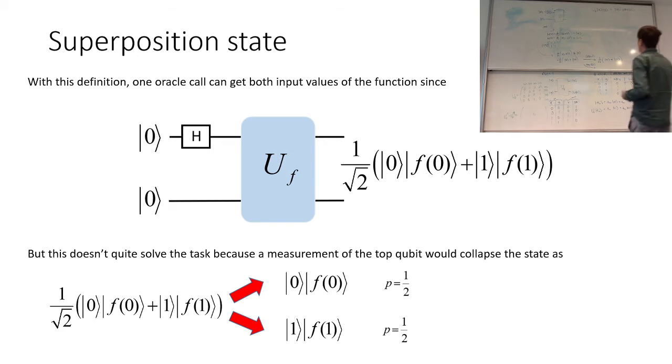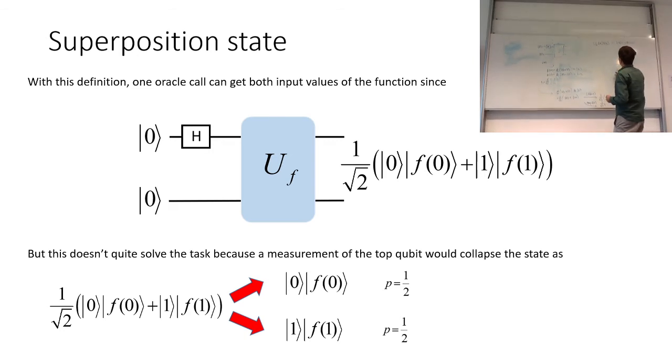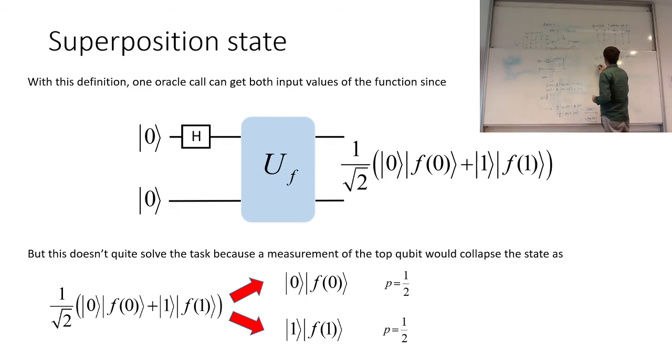For a state like 0, 0, we can write down the cases explicitly. y is 0 here, so 0 plus f of x, and we know that 0 plus f of x is always just f of x.